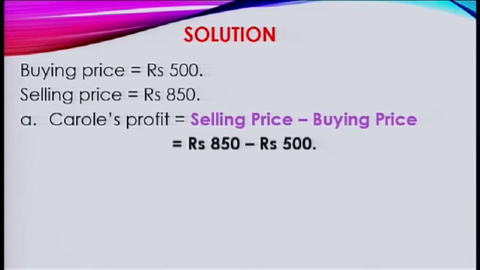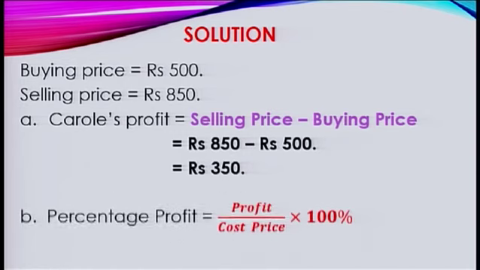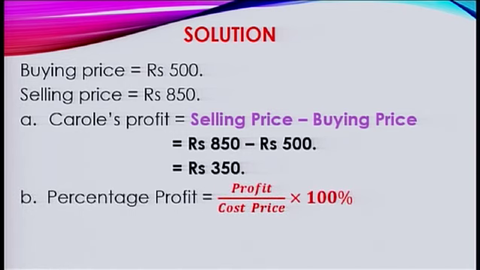That is 850 rupees minus 500 rupees, which is 350 rupees. For part B, to calculate the percentage profit, it's profit over the cost price times 100%. That is 350 divided by 500 times 100%. So we can say that Carol's percentage profit is 70%.